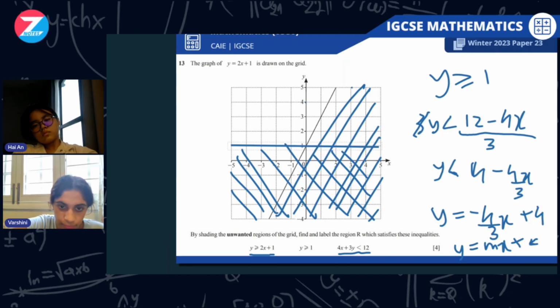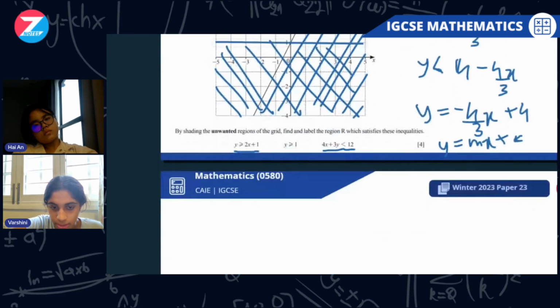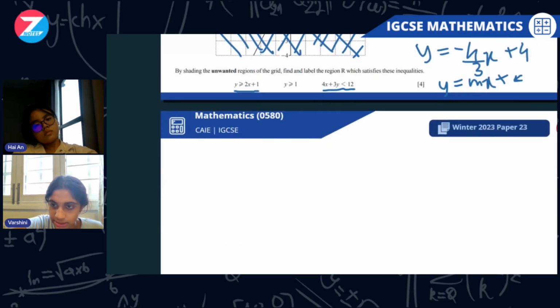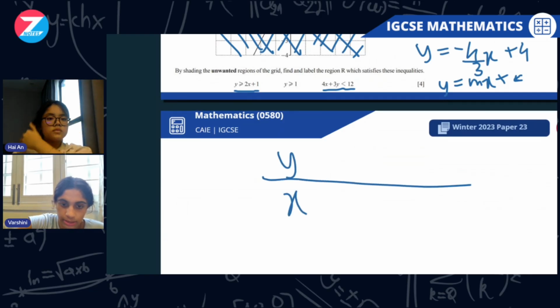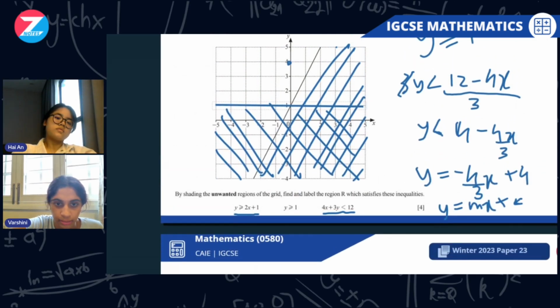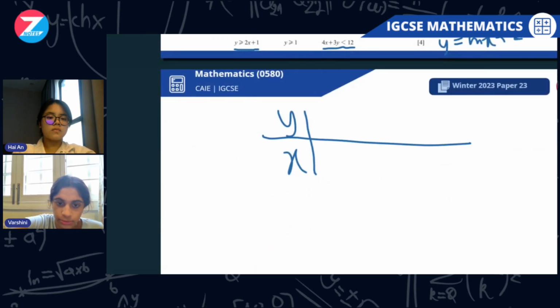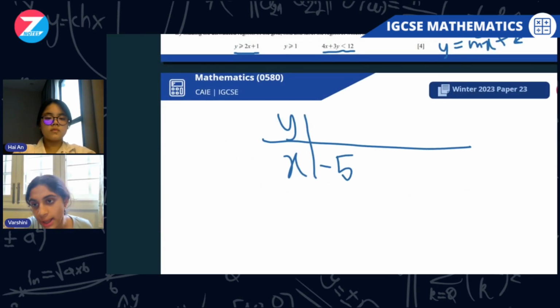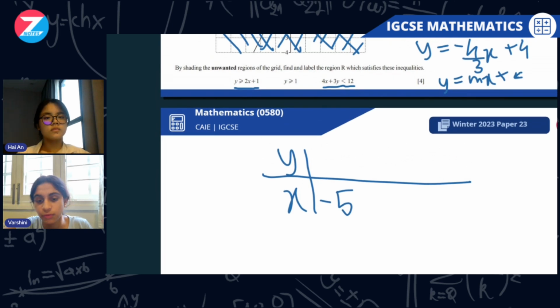Now to find any two values on the graph of this, let's just draw this graph. Let's find y at x equals minus 5. When x equals minus 5, y is going to equal minus 4 by 3 into minus 5 plus 4.